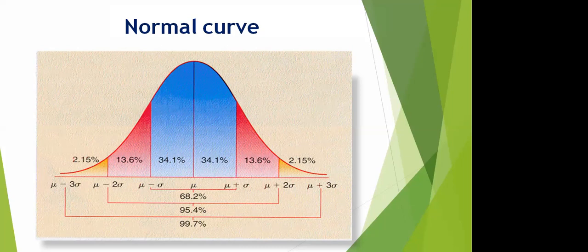And 99.7% of the population will lie within 3 standard deviations from the mean. If our data satisfies these properties, we can say that the variability is less and our data is normally distributed.